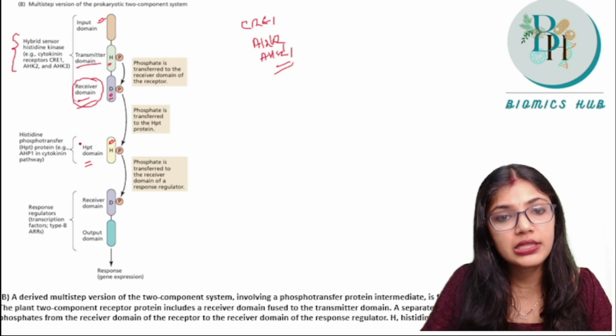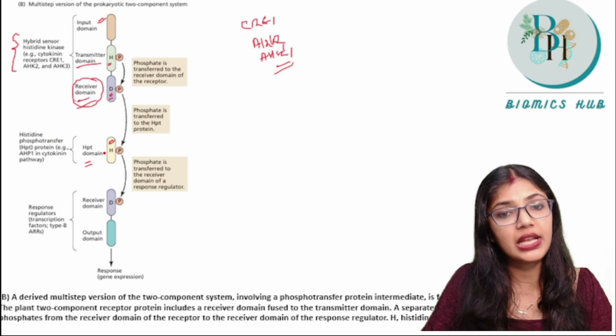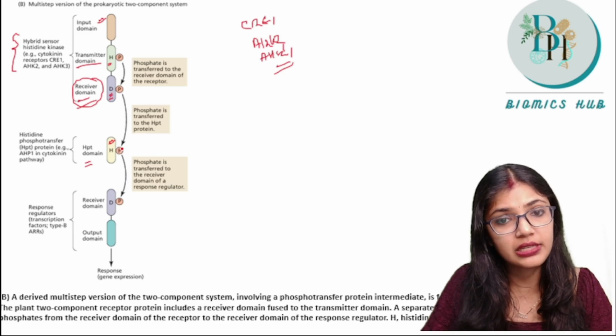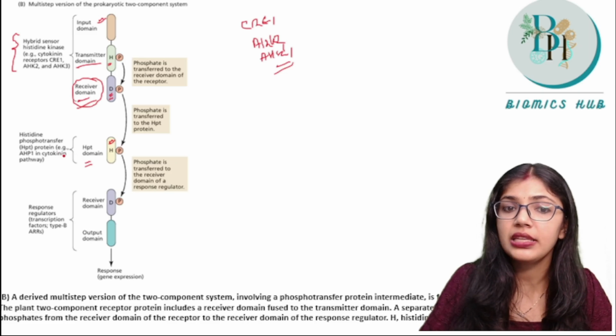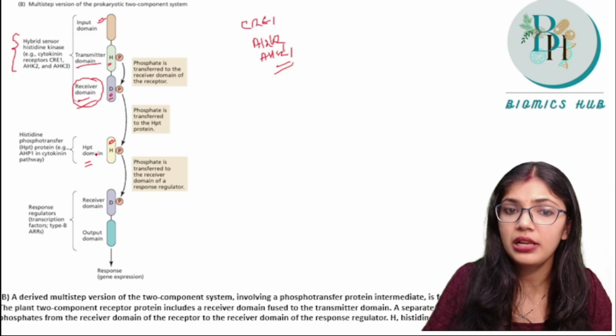So this histidine is working as a histidine phosphotransferase. The phosphate which is present will be transferred to the receiver domain. In case of cytokinin, the example of the HPT protein is AHP1.